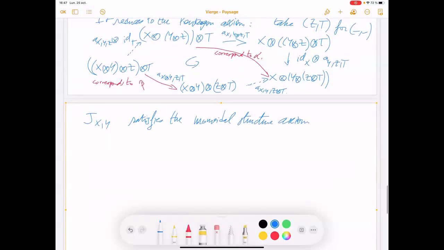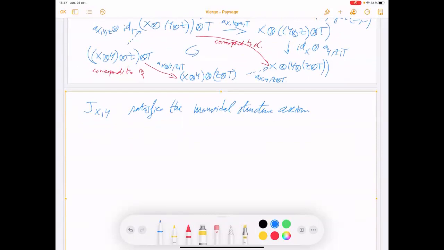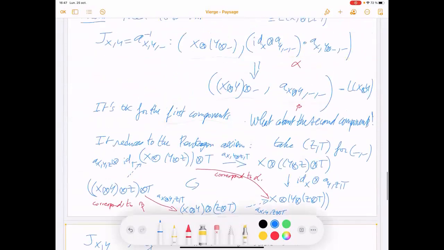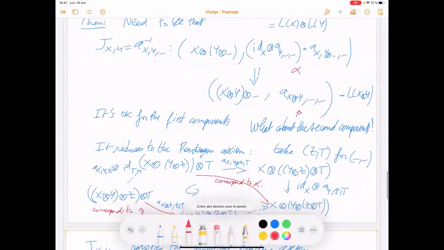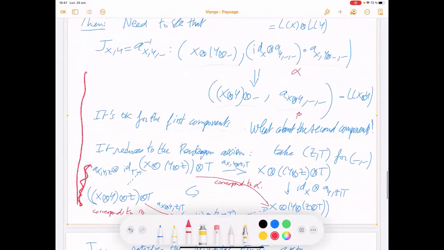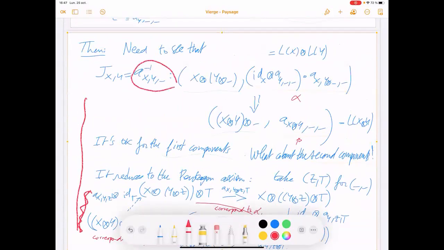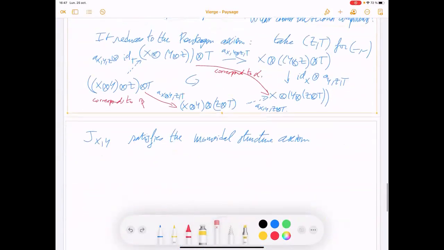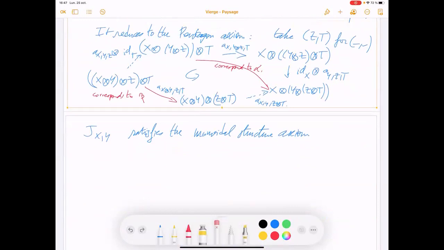What I wrote here, I did not prove it checks the monoidal structure axiom. I just proved that this map is okay for going from alpha to beta. And now we need to prove it really satisfies the monoidal structure axiom, but this is the same thing.